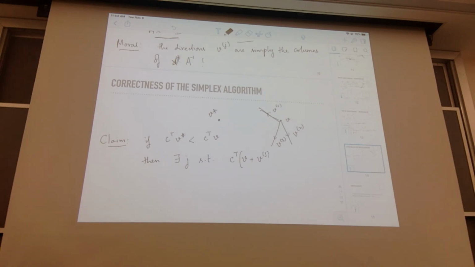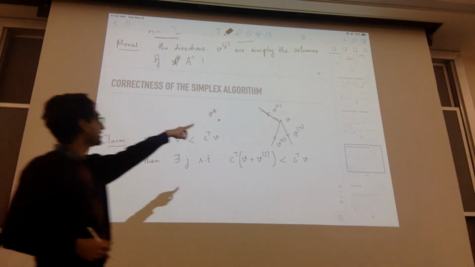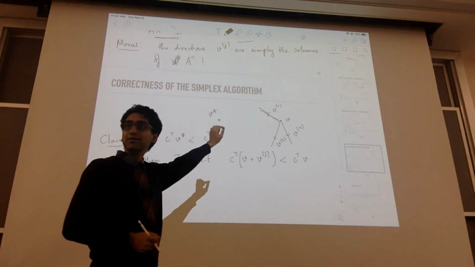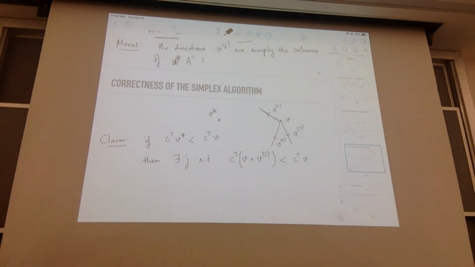Remember, I am defining these as the directions. So if I want to point along this, it would be C transpose of V plus some constant times V1, or V plus a constant times V2. Or in other words, C transpose Vj is less than zero.